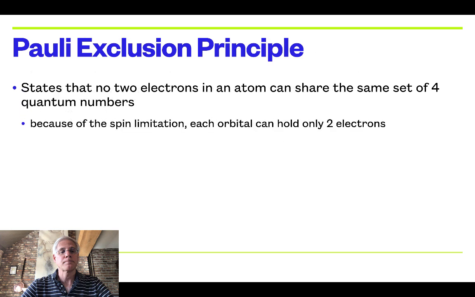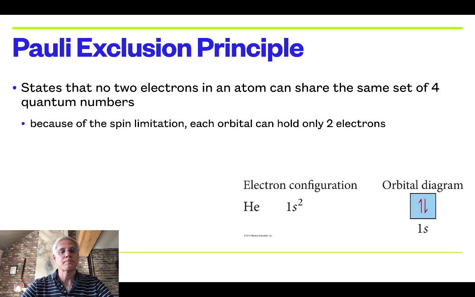And because of that spin limitation where we have only 2 possible values of m sub s, an orbital is defined by the first 3 quantum numbers, and that 4th quantum number, m sub s, means that we can only put 2 electrons into that one orbital sharing the first 3 quantum numbers, because once we have an orbital with 1 electron spin up and 1 electron spin down, we have exhausted that set of first 3 quantum numbers. So we have to change something.